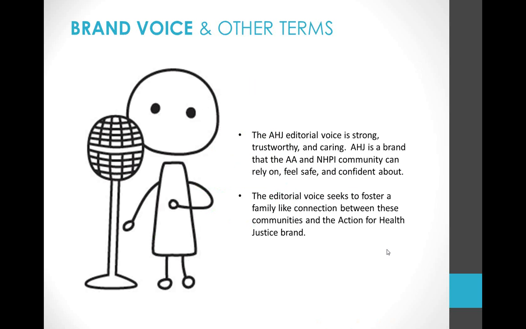So within the style guide, the Action for Health Justice editorial voice is strong, trustworthy, and caring. The brand is a brand of AA and NHPI communities that the AA and NHPI community can rely on, feel safe and confident about. And the editorial voice seeks to foster a family-like connection between these communities and the Action for Health Justice brand.